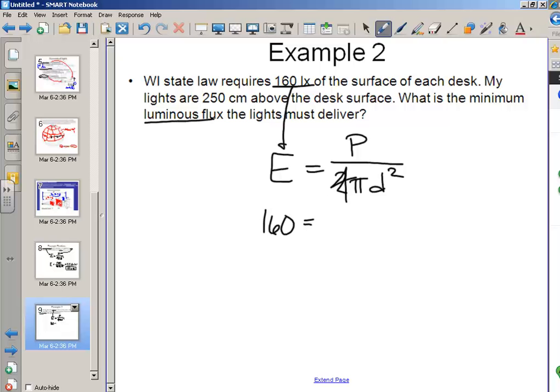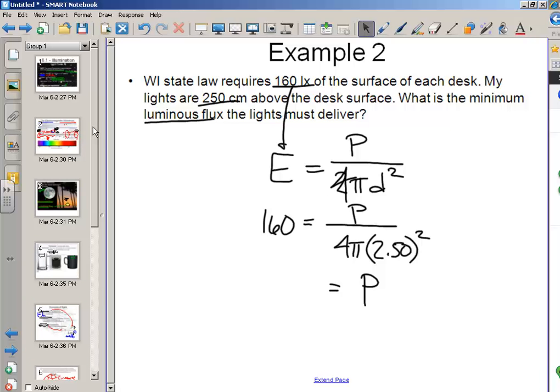Luminous flux, we're looking for this in this case. 4 pi, and how far above the surface is it? 250 centimeters, or 2.50 meters. And then you solve this for the letter P. And that will tell you how many lumens it takes. Now I'm going to skip over the math doing that just because I'm running out of time.